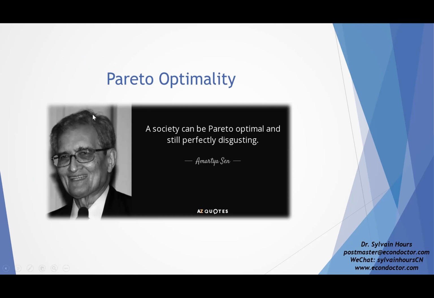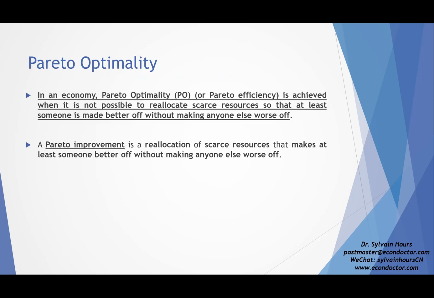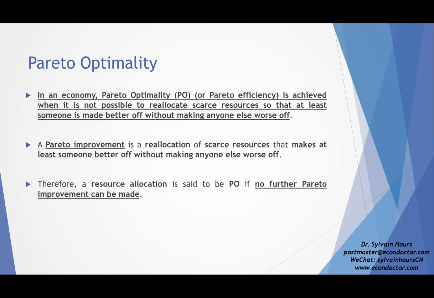You can give examples if you want, but I usually save that for the chapter on government microeconomic intervention. So you can just tell them, well, no, we will see that later. It's possible that resources are used in the best possible way, but the resulting outcome is very unfair, especially very unequal.